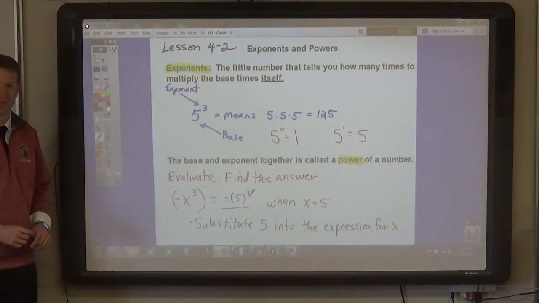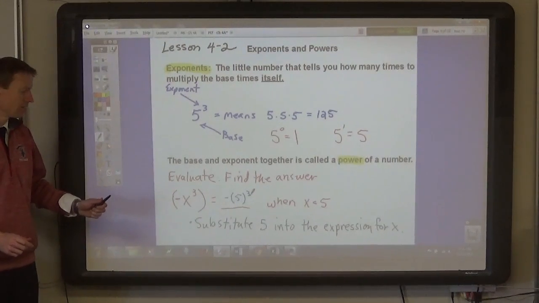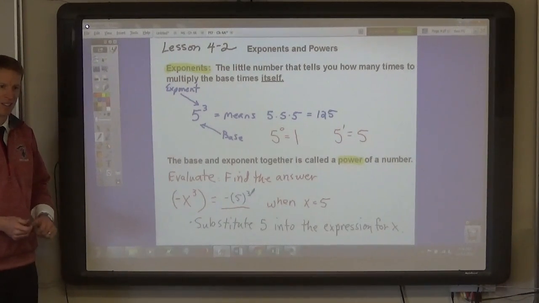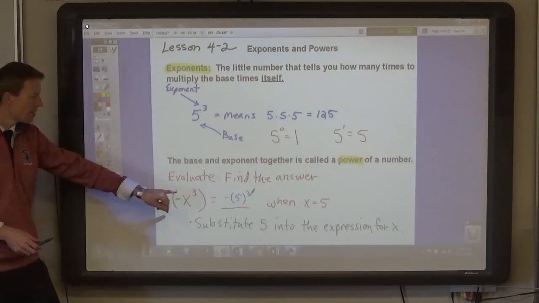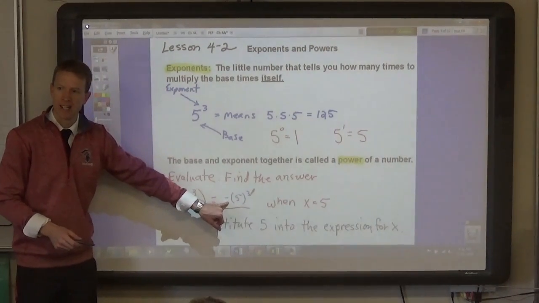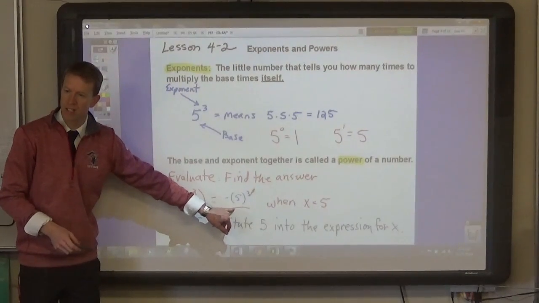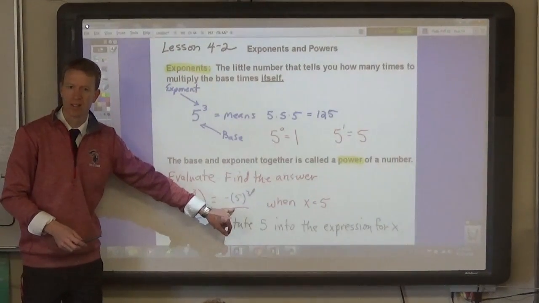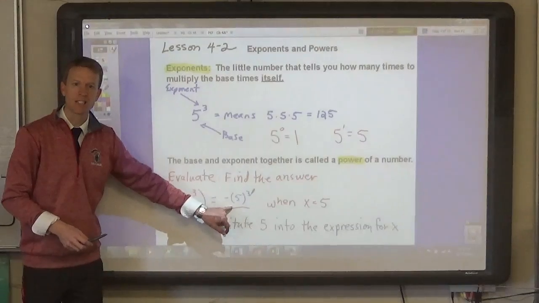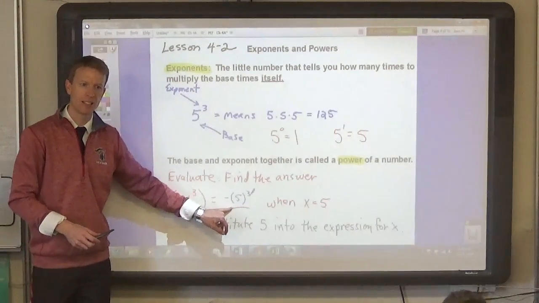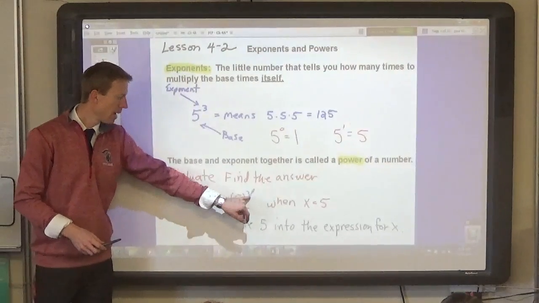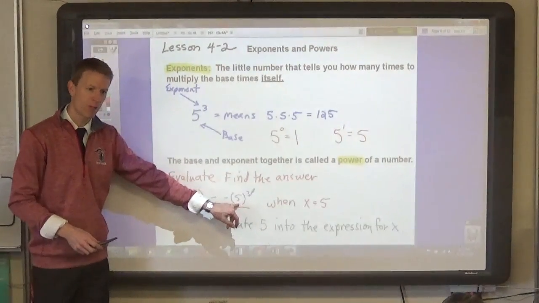Now, I want you to look at something here. So, eyes up. This negative sign is outside of the parentheses. And when the negative sign is outside the parentheses, the power only goes to the 5, which is the base.